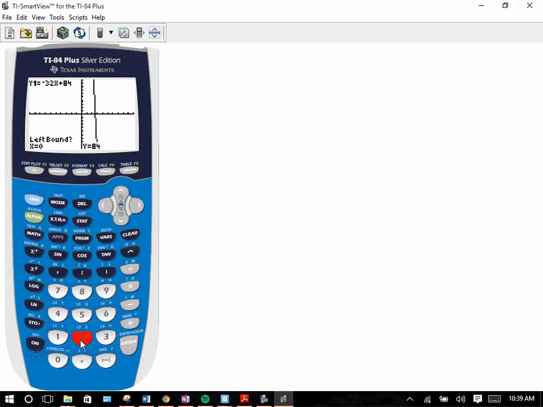I need a left bound, so to the left would be 2, and to the right would be 3. The zero is 2.625, so t equals 2.625 seconds. Then I'm done.